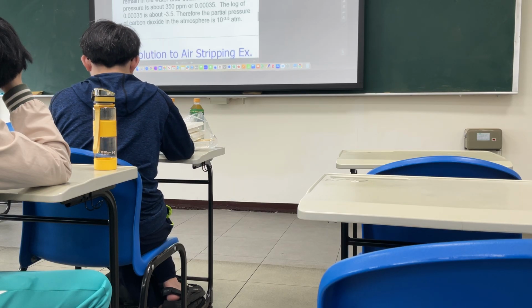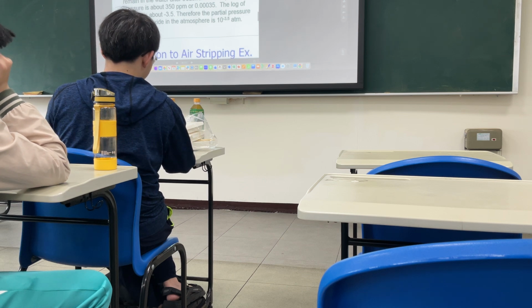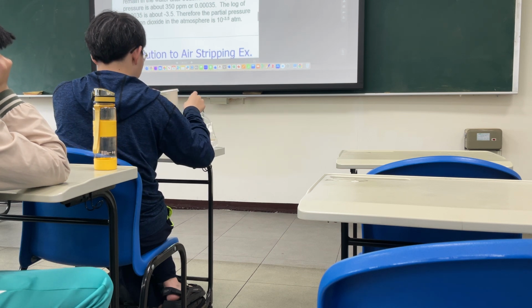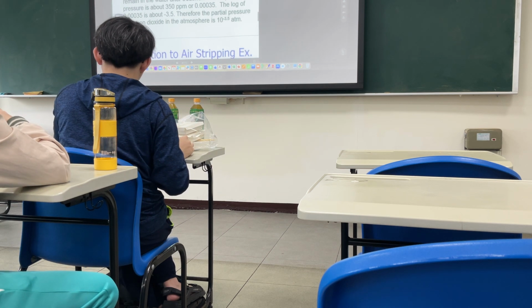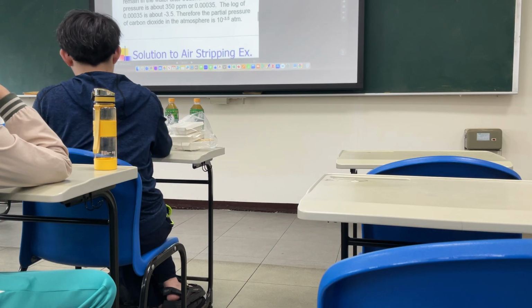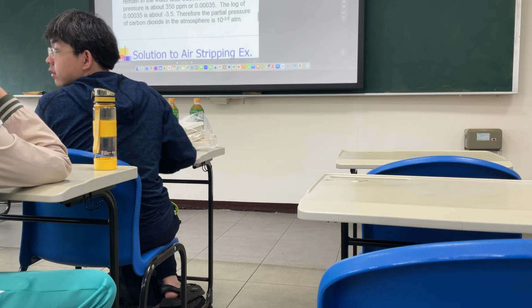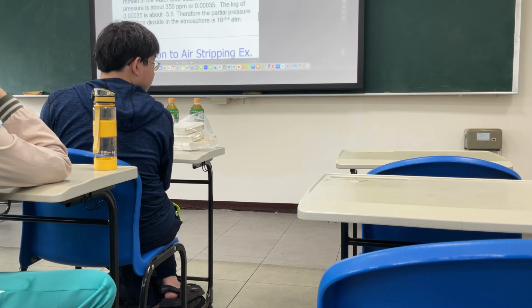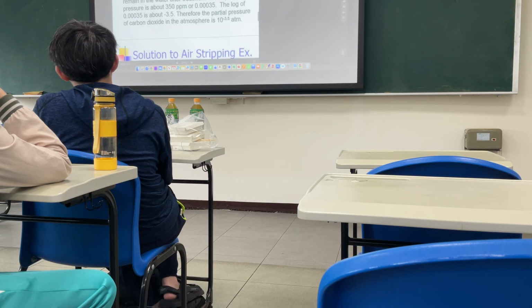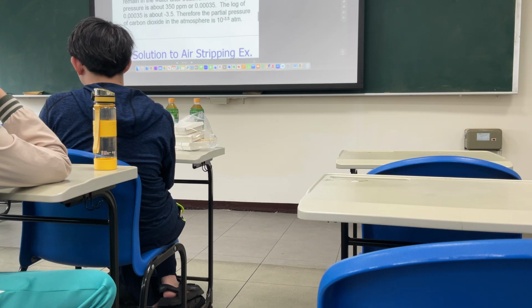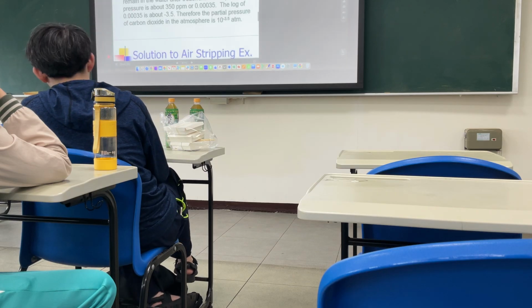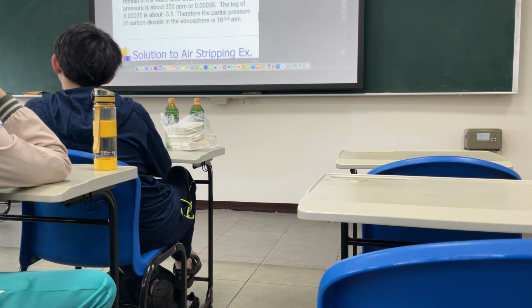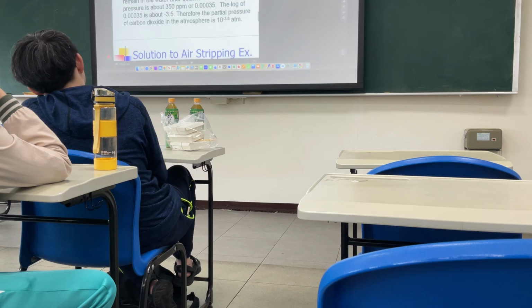If the tower lowers the level to twice the equilibrium concentration, what amount of the dissolved gas will remain in the water after treatment? And also, they give you some logs. You might know this, right? The log of 3.5.